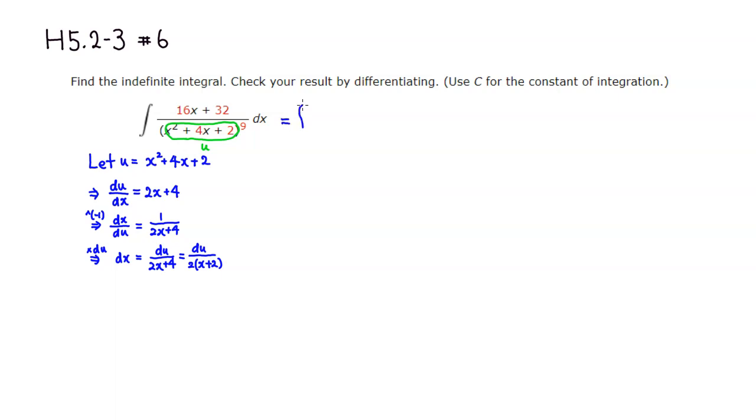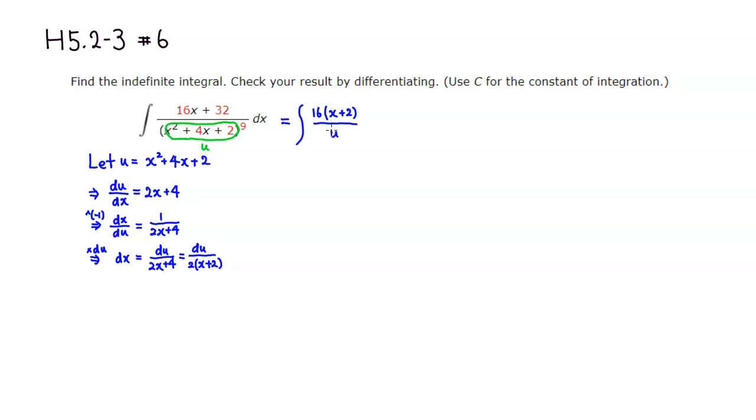All right, so let's rewrite this integral here. First thing I would do is, let's see, so you have a 16, so 32. So I'm going to pull out the 16 outside. And then, if you pull out 16 from 32, it would be 2, right? Then on the bottom, we have a u to the 9th power.